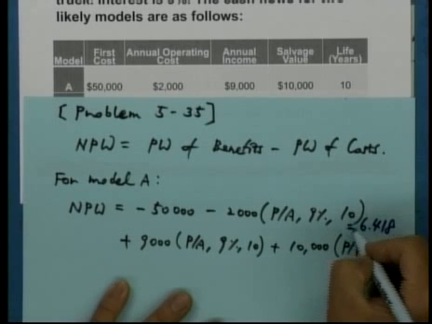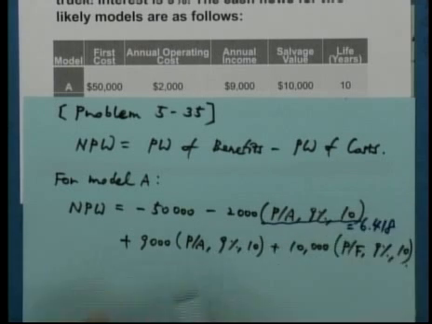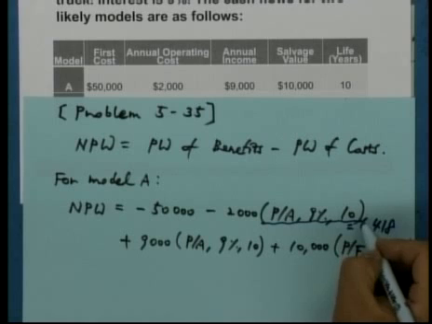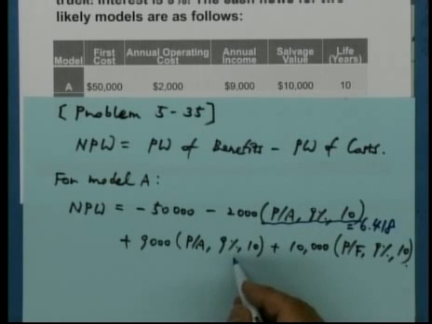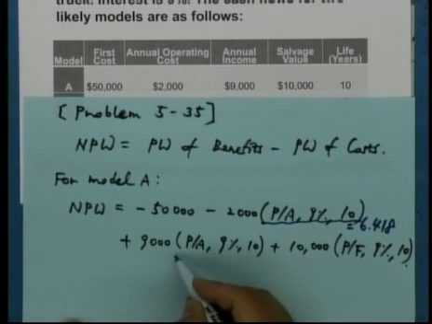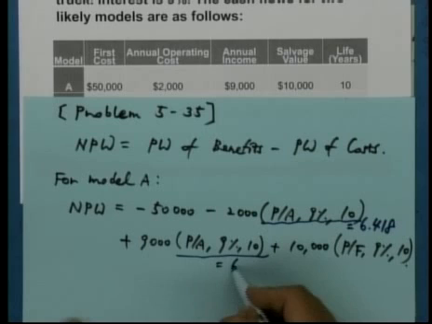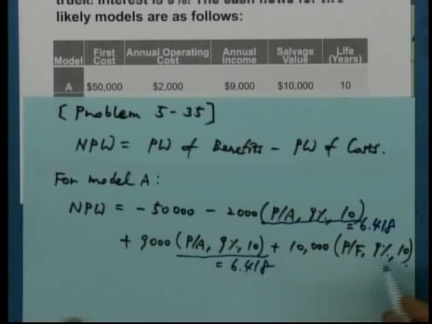Right? And P given A is the same, 6.418. And P given F is 0.4224.